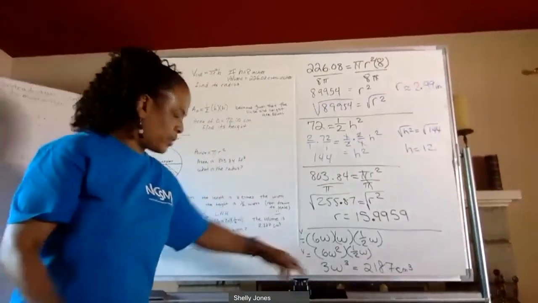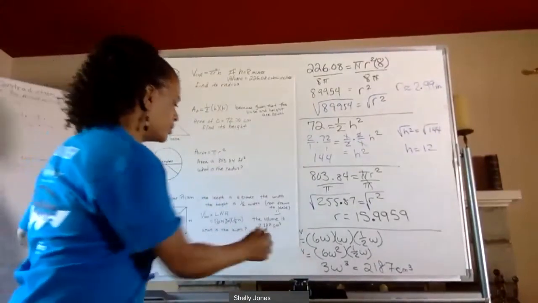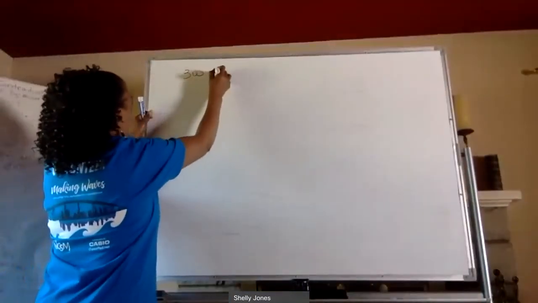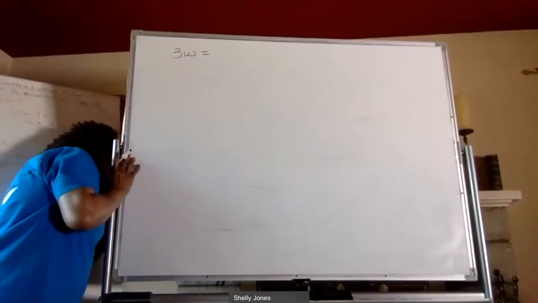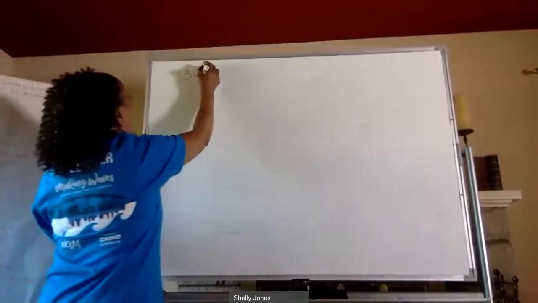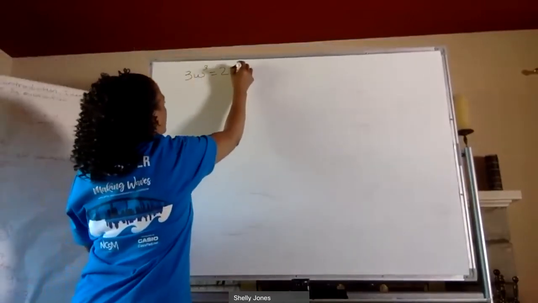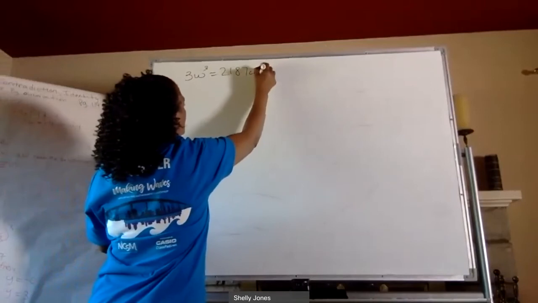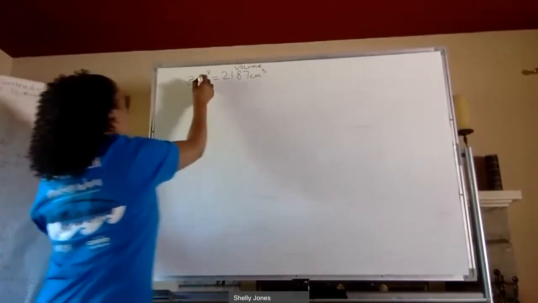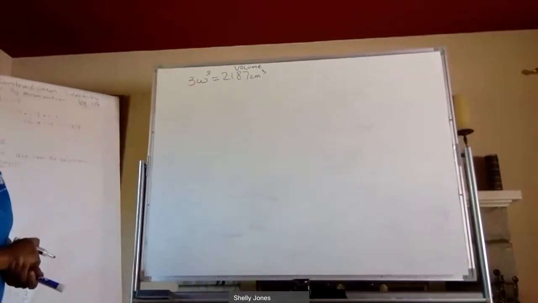So here I have 3W cubed equals 2187 centimeters cubed. This is my volume, and this is my width, okay?